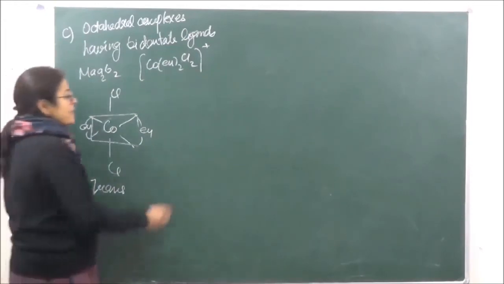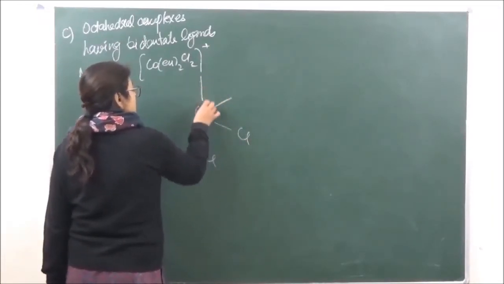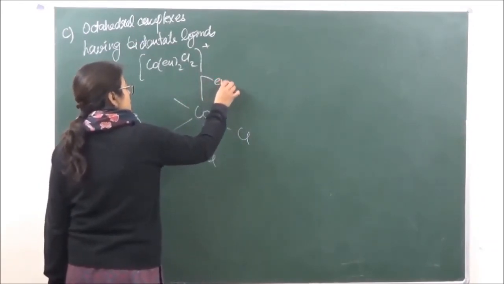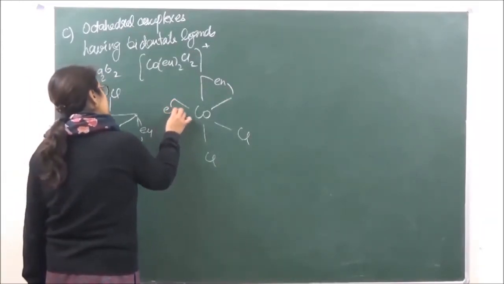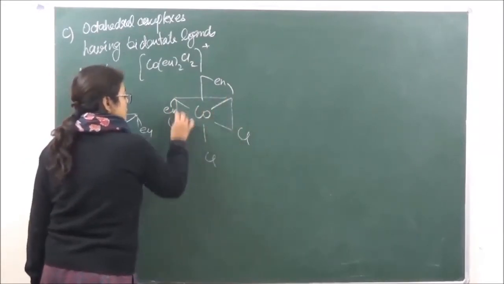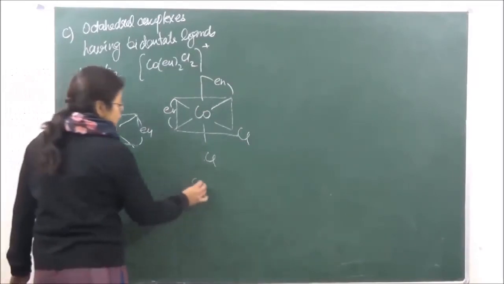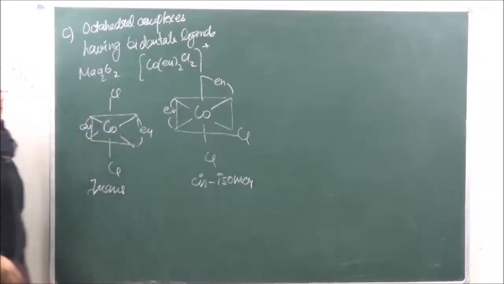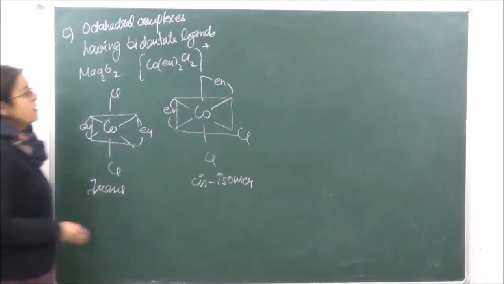If chlorines are at the adjacent positions, so this is one ethylenediamine which we have, and the other one. So you can see that chlorines are at the adjacent position. So this is going to be known as the cis isomer.